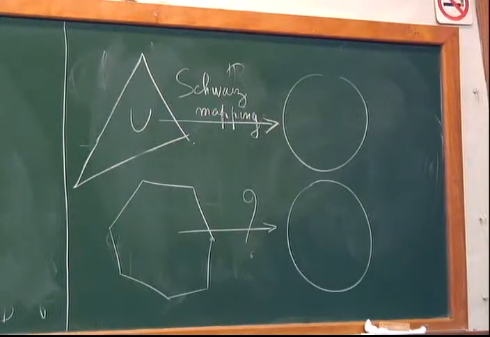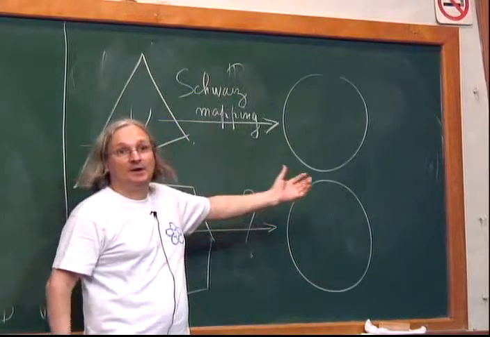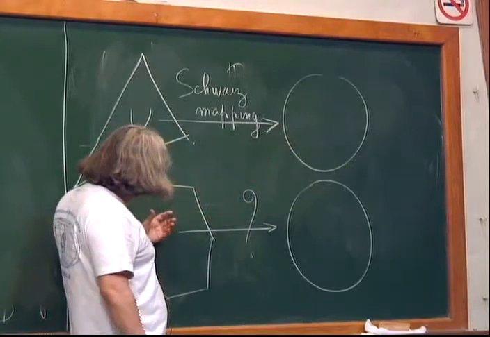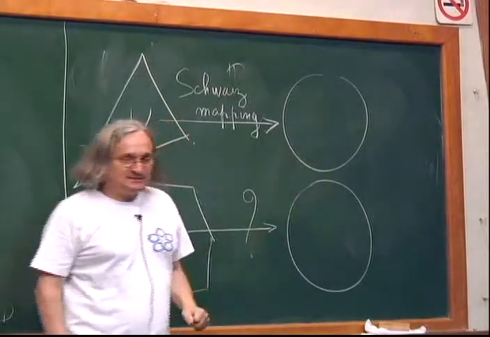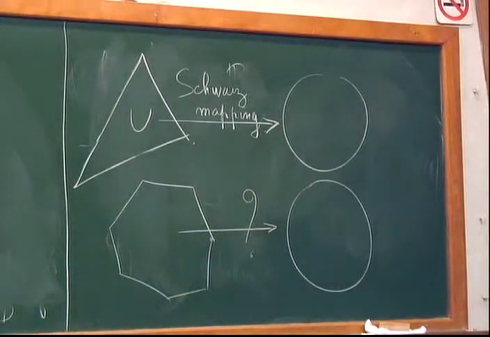What Schwarz did is that he found the general form of what should be such a map, but he could not prove that there is a map from the polygon to the disk directly. I will explain to you why there are some difficulties, why the case of the polygon with more than 3 sides is much more complicated than the triangle. He could not do it.